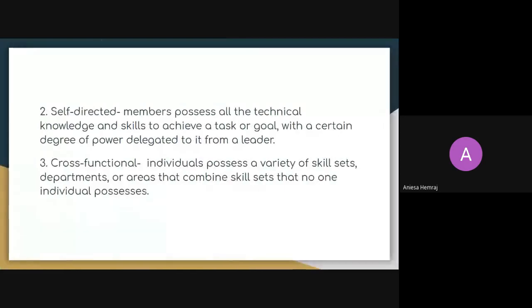The second one is self-directed, where members possess all the technical knowledge and skills to achieve a goal with a certain degree of power delegated to it from a leader. And the third one is cross-functional, where individuals possess a variety of skill sets, departments, or areas that combine skill sets that no one individual would possess.